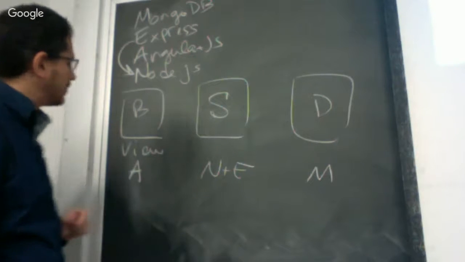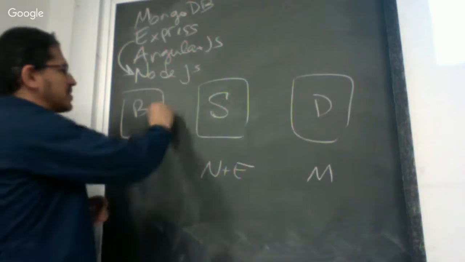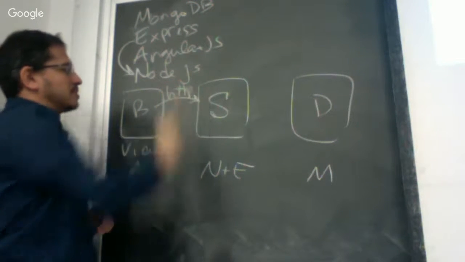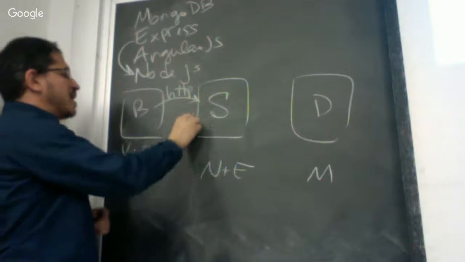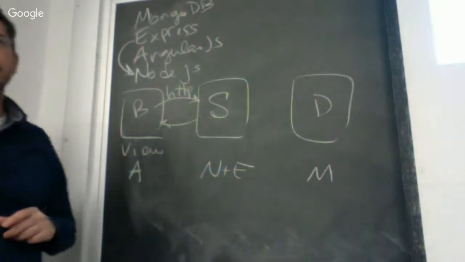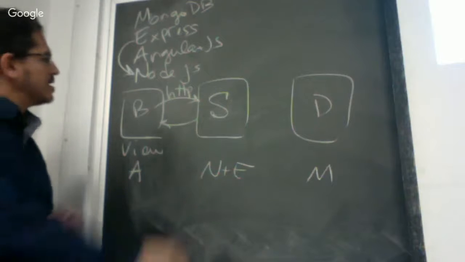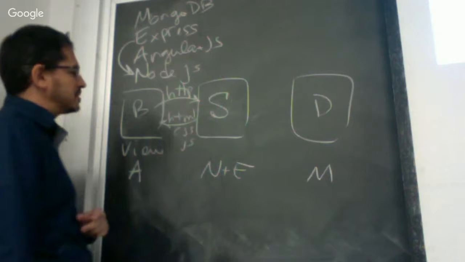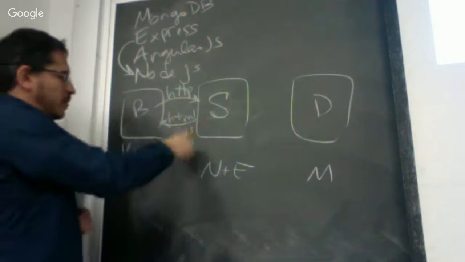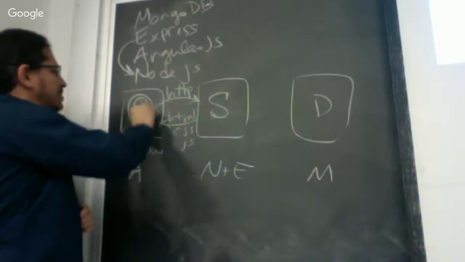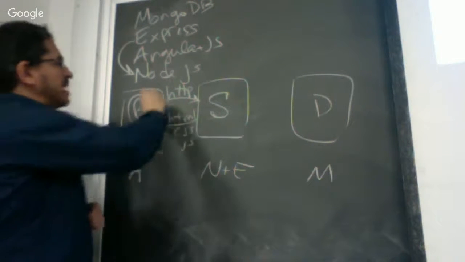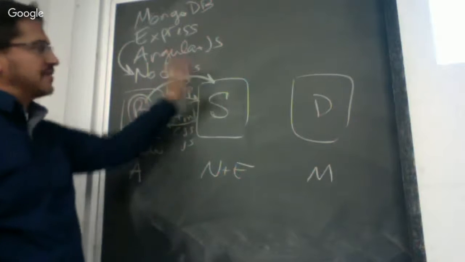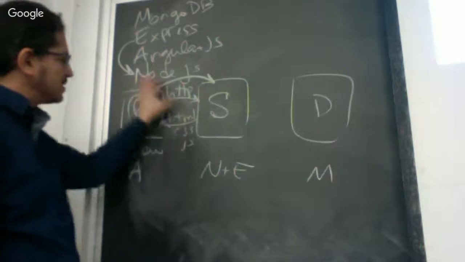We have Angular generating HTTP requests to the server, which responds with static content, meaning HTML, CSS, and JavaScript. Then Angular, with the JavaScript, renders the application, asking maybe for more information from the server, asking for data so that it can update the view.